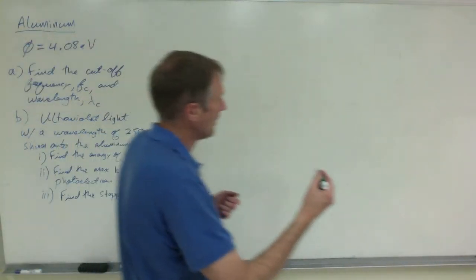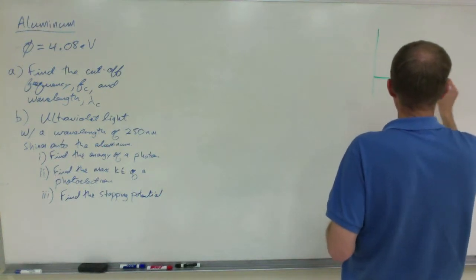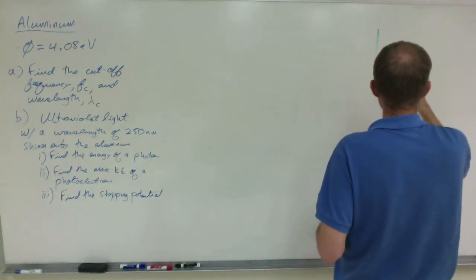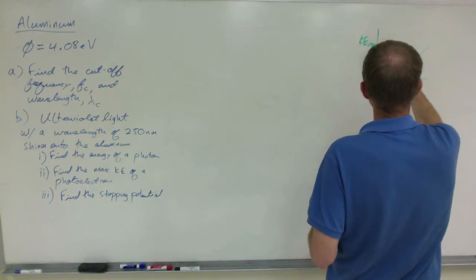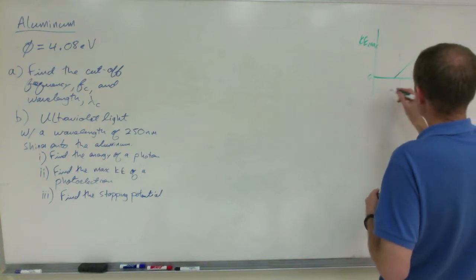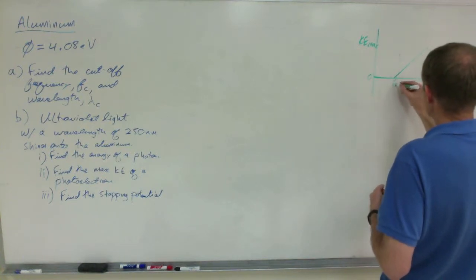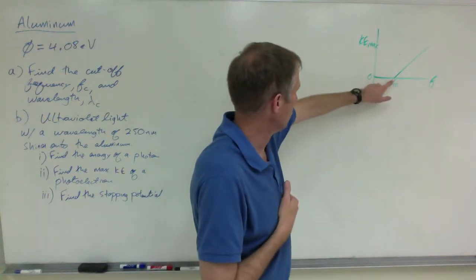If I were to just draw that graph real quick again, this is KE max versus frequency. Here's 0. That's the frequency we're looking for, and the corresponding wavelength right here.